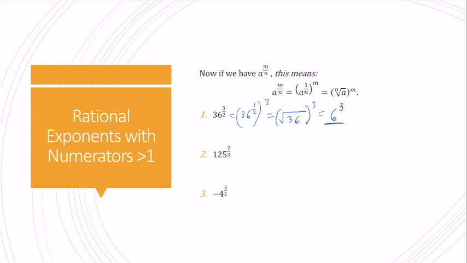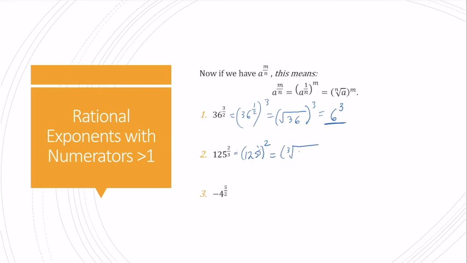I can leave it in this exponential form, and that's a correct answer, they're equivalent. Okay, let's take a look at problem number 2. If I have 125 to the 2/3 power, that's like saying I have 125 to the 1/3 squared.